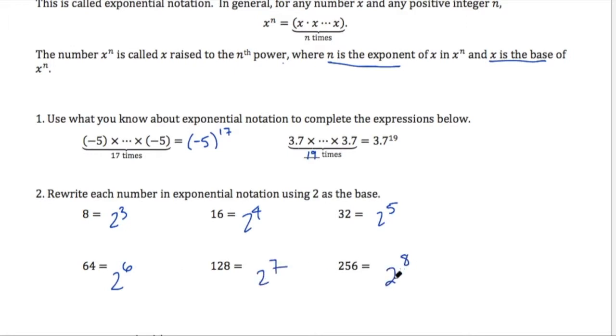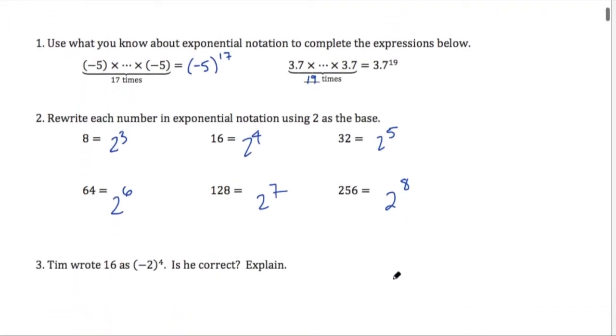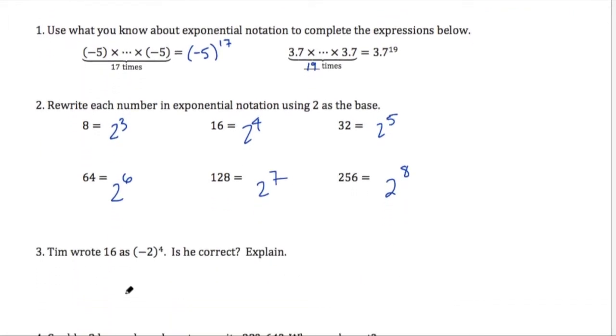Okay, Tim wrote 16 as negative 2 to the 4th. Is he correct? Well, yes. Why is this? He's correct because negative 2 raised to the 4th power is the same as negative 2 times negative 2 times negative 2 times negative 2. And if we were to multiply that out, we do in fact get 16.